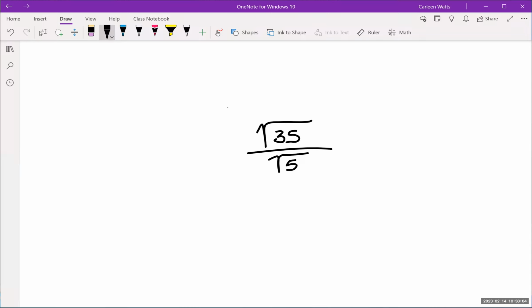If I have an inside number over an inside number, I can actually reduce those. So if you have radical over radical, you can reduce inside number with inside number. That would be rad 7 over rad 1. Radical 1 is 1.